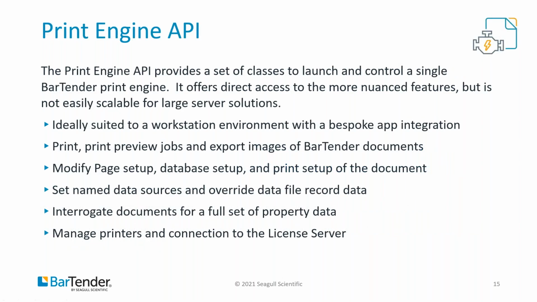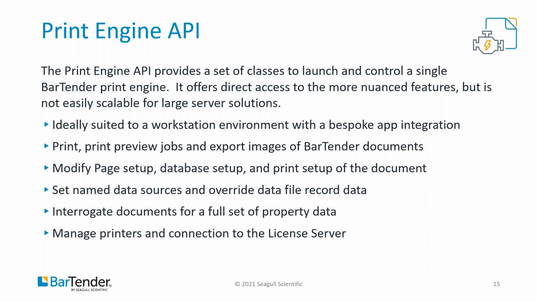So first, let's look at the Print Engine API. This API provides a set of classes to launch and control what is essentially a single BarTender print engine. Now, of course, you can design your code so that you launch and control multiple instances of a print engine, but that would be infrastructure that you would need to implement. The print engine is, as the name suggests, providing you classes for interacting with a print engine.